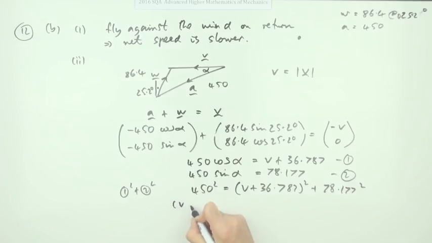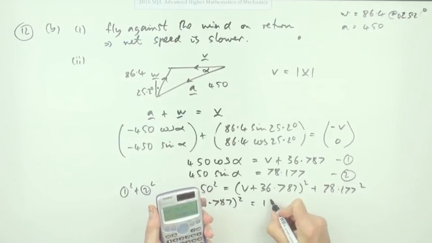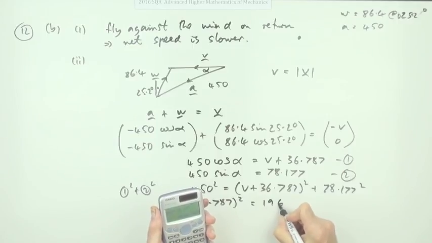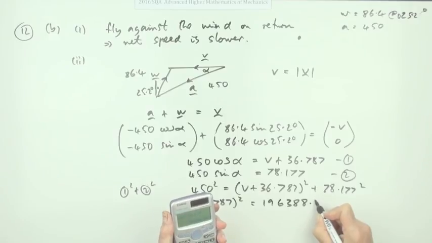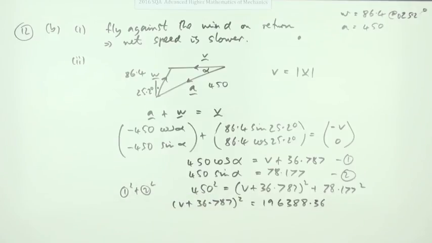So I'll do it in 2 bits. So (V plus 36.787) squared would be that squared minus that squared, which comes to quite a big number, 19638 we'll call it.